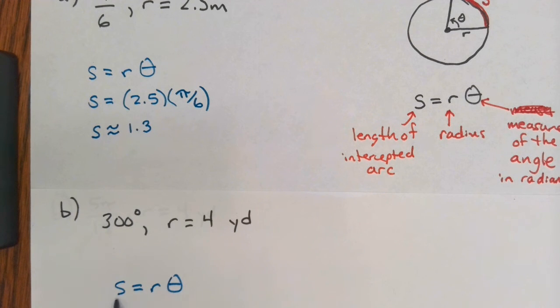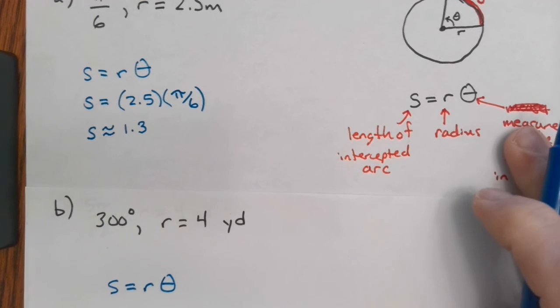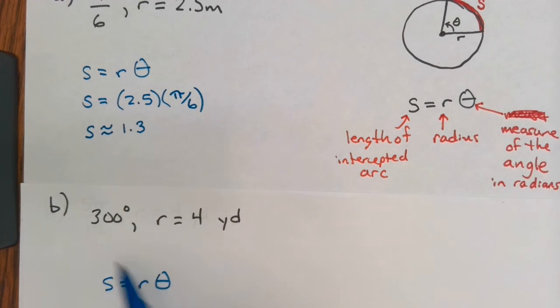We are trying to calculate S. I can plug in the radius, that's 4, and then I want to multiply that by theta, our central angle. But the central angle does need to be in radians here, otherwise the formula doesn't work. So before I can go through and do this problem, I do need to convert this 300-degree angle into radians.